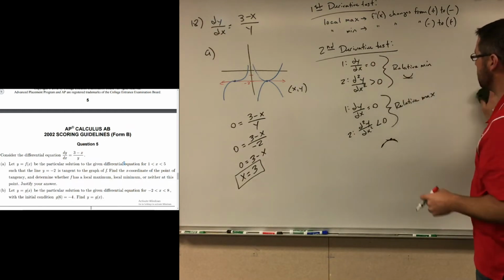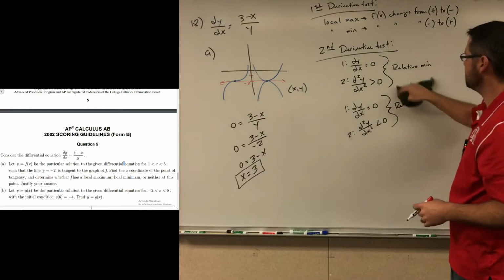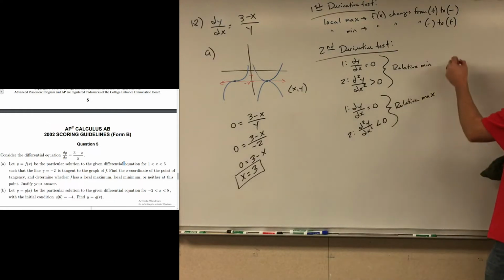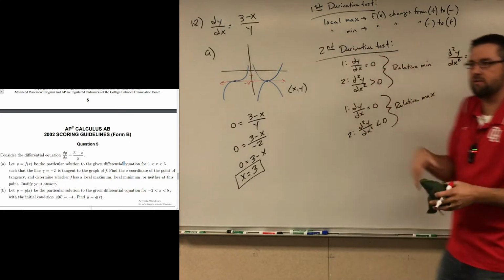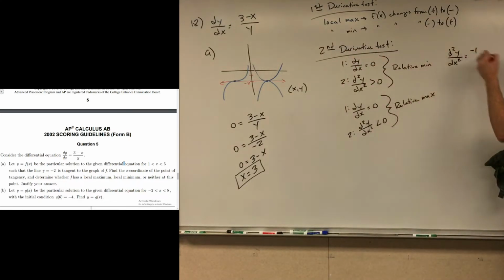So we're going to use the second derivative test here. So what is the second derivative? d2y over dx squared equals, quotient rule. What's the derivative? Negative 1 times y minus y prime times 3 minus x, all over y squared.